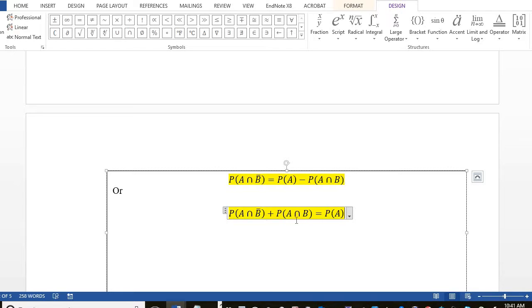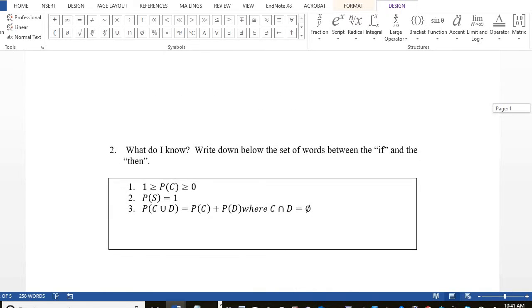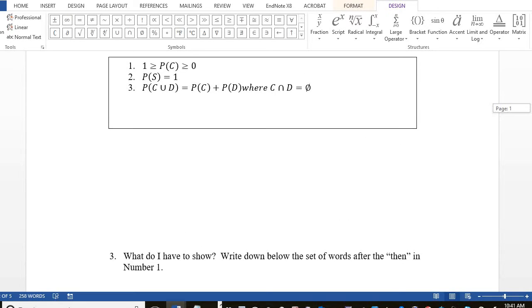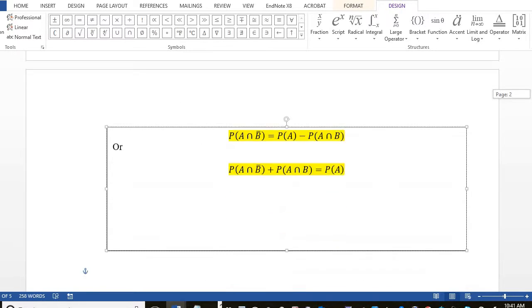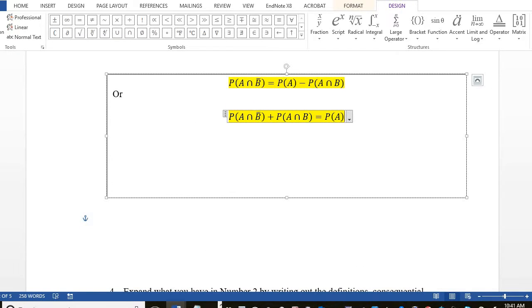Here I have a bunch of intersections, and in number 3, I have something with a union in it. So I'm thinking, I want the sum to be on the right side and my probability of A to be on the left side. So somehow I've got to get a union involved. There's no union.